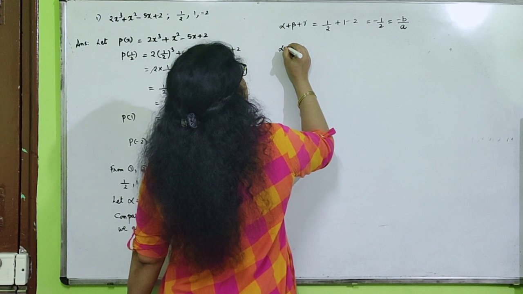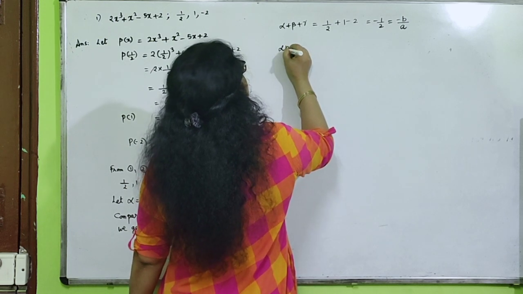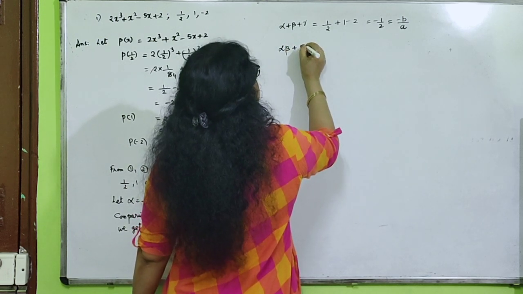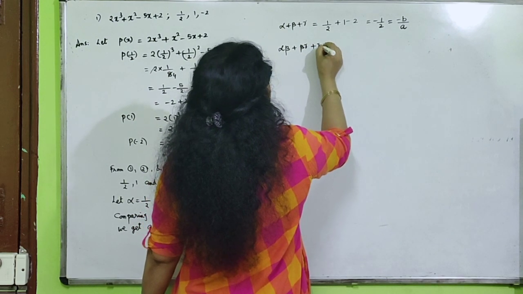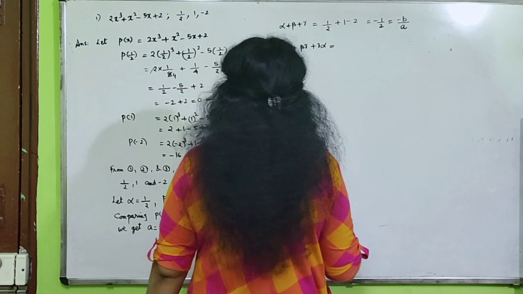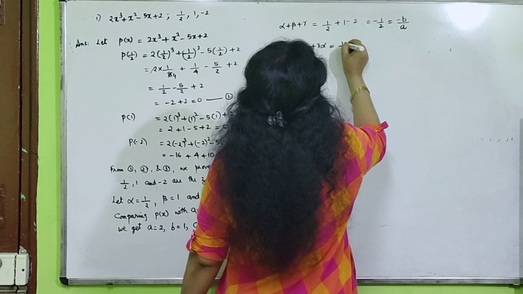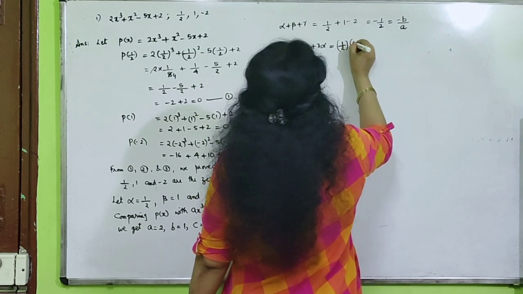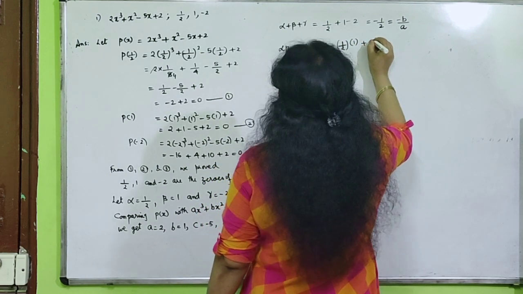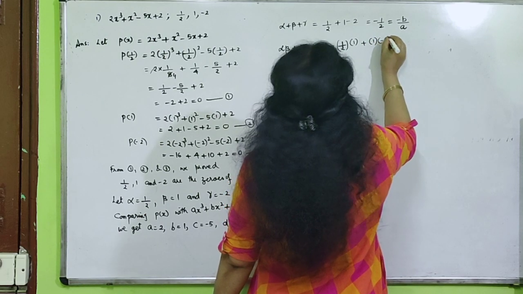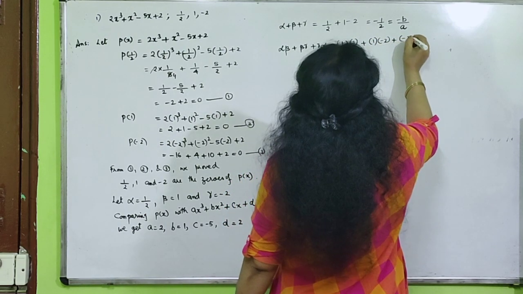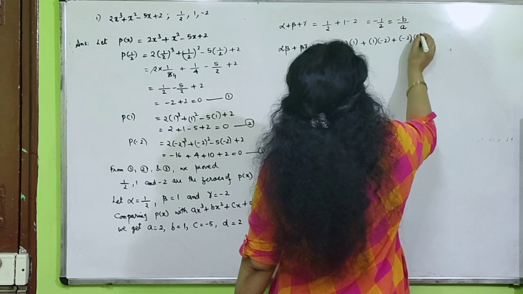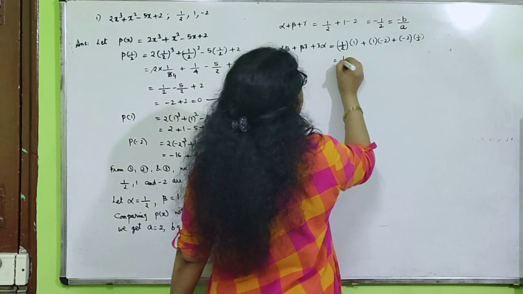Now next, the sum of the product of two zeros taken at a time, that is alpha beta plus beta gamma plus gamma alpha, equals half into 1 plus 1 into minus 2 plus minus 2 into half. Half into 1 is half.